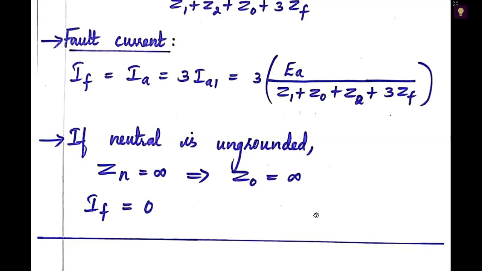After drawing the combined sequence network, get the expressions for the sequence components of voltages and currents. Then you get the expressions for fault current, and the last step will be the effect of neutral.